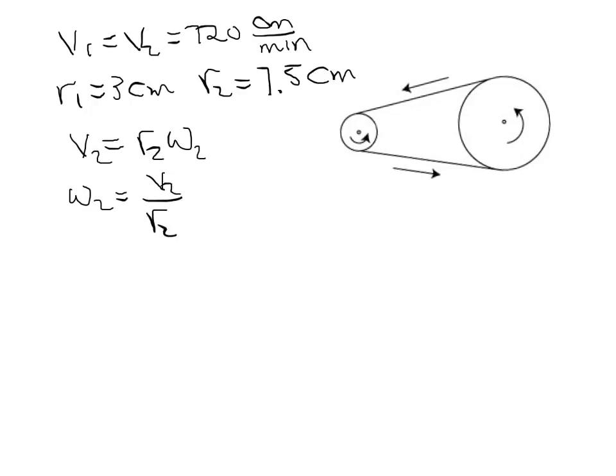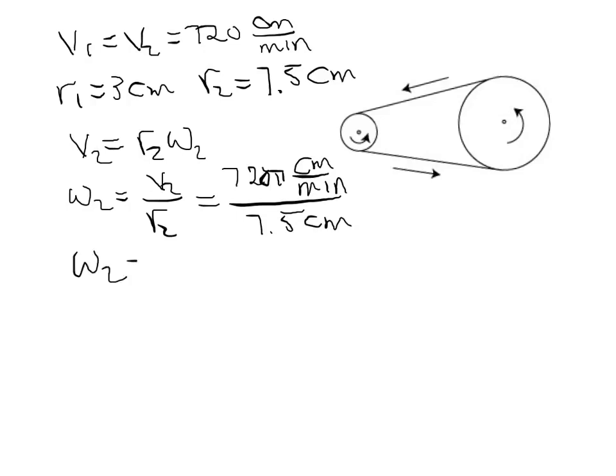And now we carry out that computation, and we get 720 pi centimeters per minute divided by 7.5 centimeters. And so our angular velocity comes out to be, when we do that computation, 720 divided by 7.5, we get 96. And again, this is going to be in radians per minute.